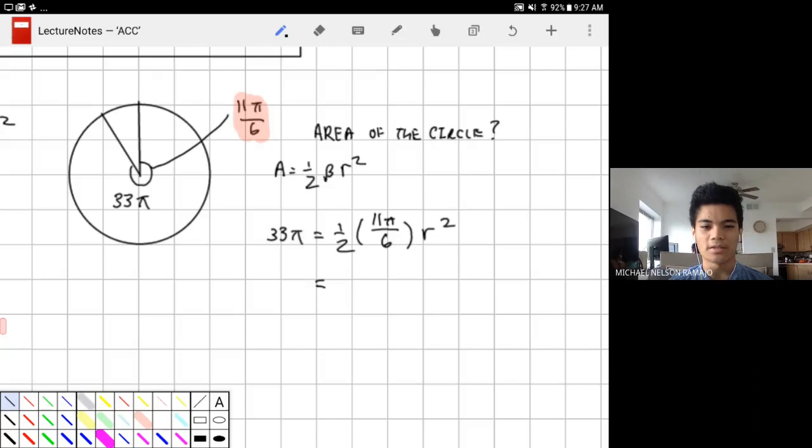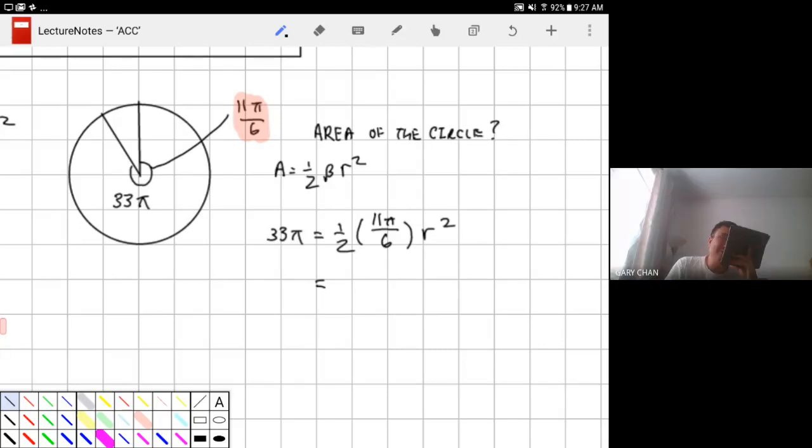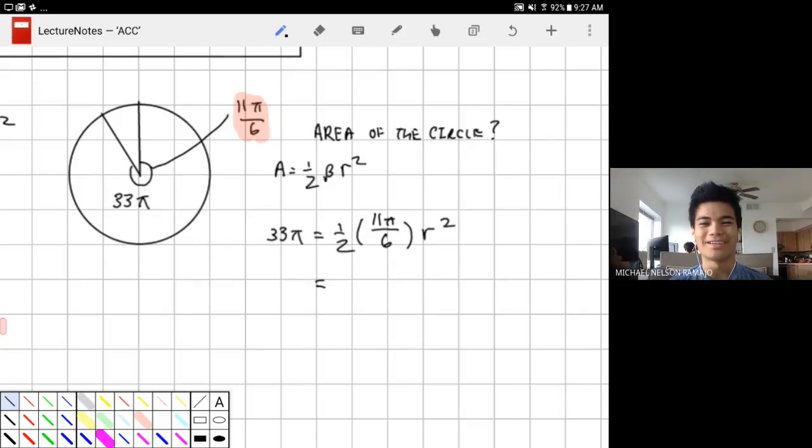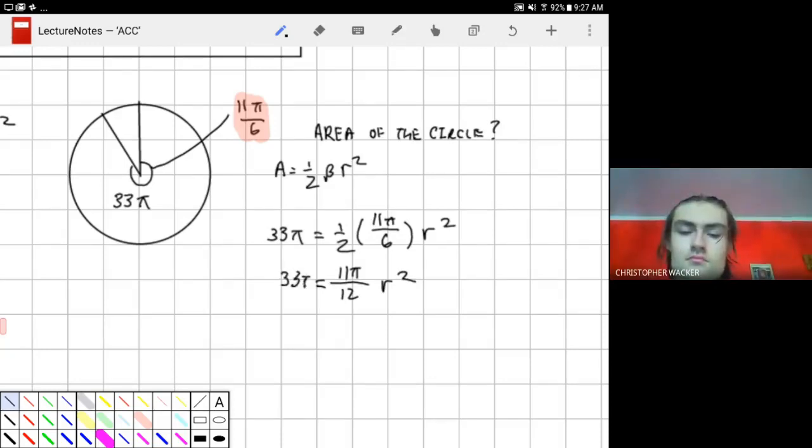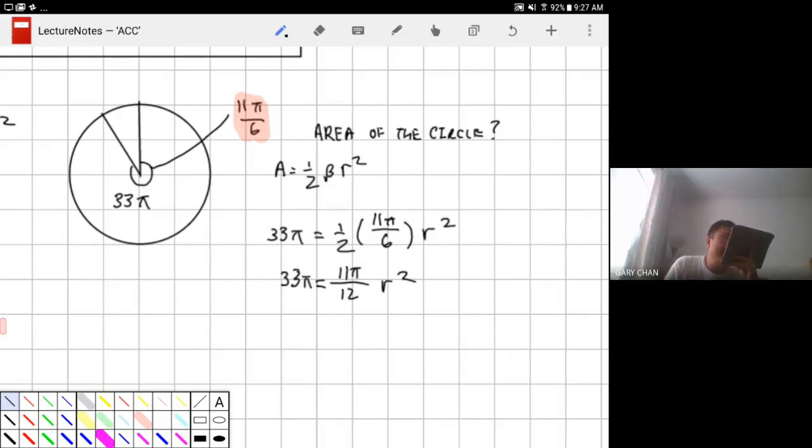You multiply numerator with numerator and denominator with denominator. So we're multiplying all the numerators together and all the denominators together, and we end up with 11 pi over 12 times r squared is equal to 33 pi.